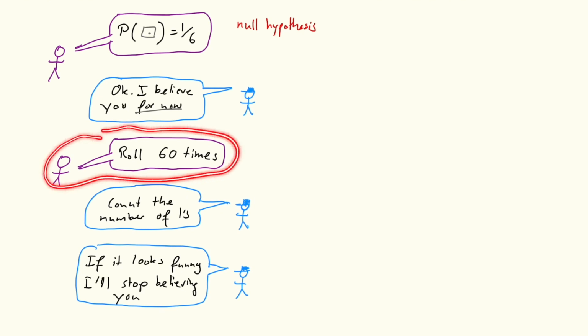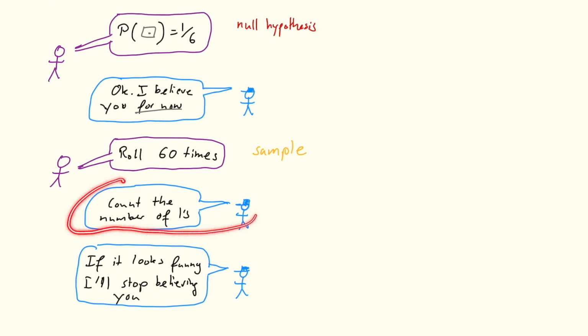Next, we collect a random sample. Then on the sample, we compute a number. A fancy name for a number computed on a sample is a statistic. So this is what is called the test statistic. Since it is computed on a random sample, it is also random.